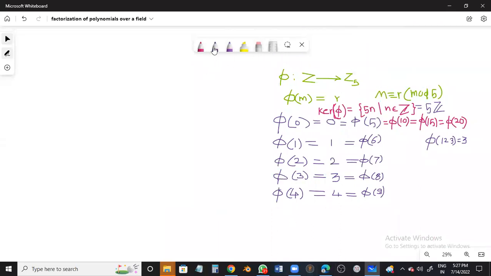Can you tell me what will be the different cosets of this particular kernel? This kernel for the time being, let us denote by H. What is your set H? Set H contains all multiples of 5.